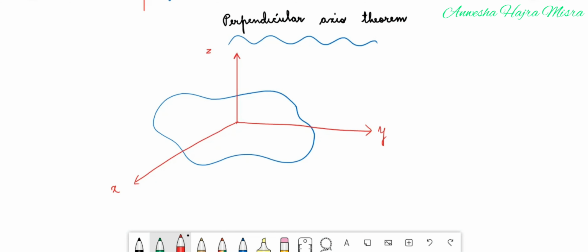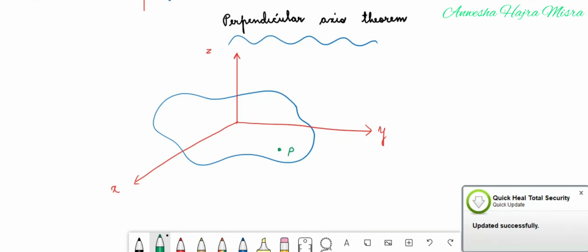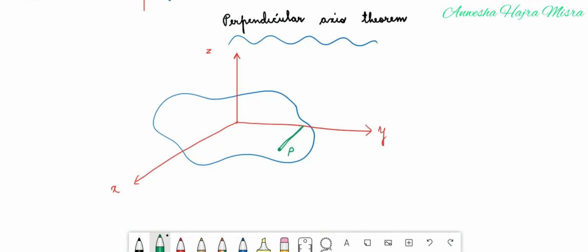I consider a mass m over here at the point P. This mass is at a distance x from the y-axis.